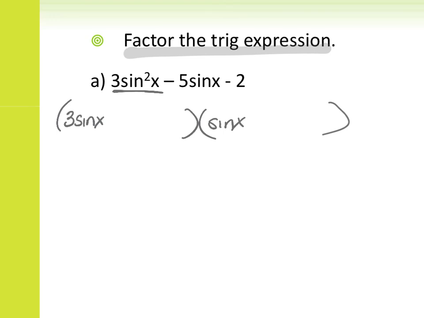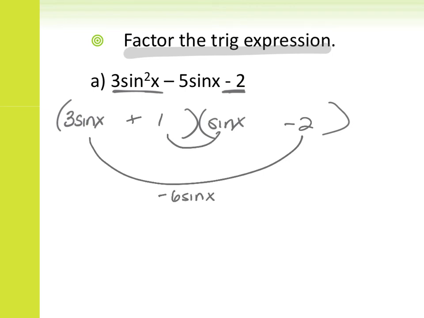And then the factors of negative 2, plug those in until I get the middle term. So I could do a positive 1, negative 2, multiply the outer 2, that's negative 6 sine x, multiply the inner 2 plus 1 sine x, and I get negative 5 sine x, which is the middle term. So I know I factored this correctly.